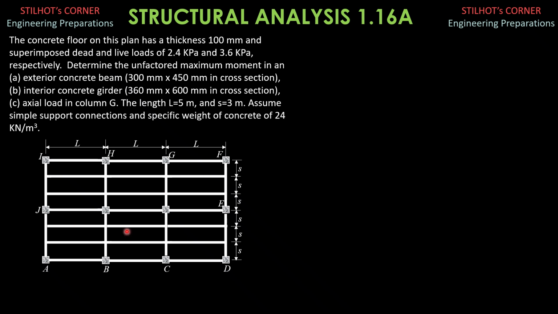So here is the figure. For the exterior concrete beam, the ratio of L over S is less than 2, so the load distribution is two-way.